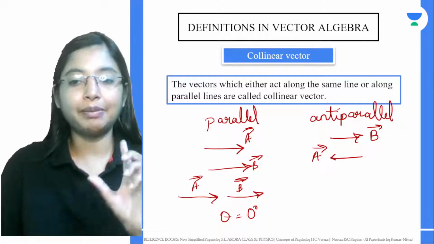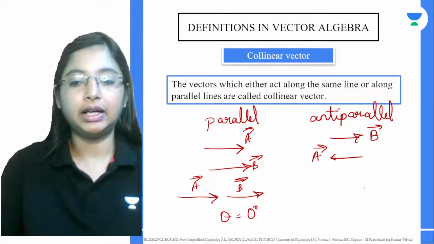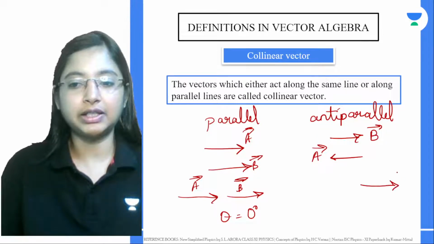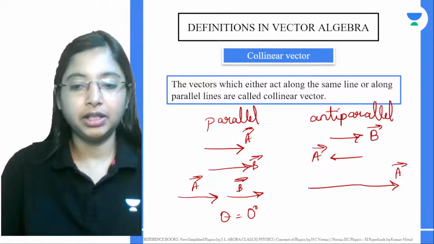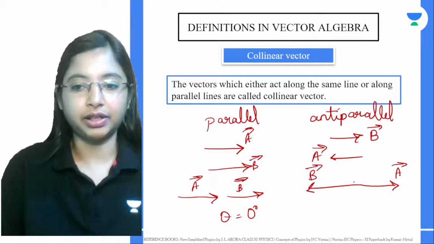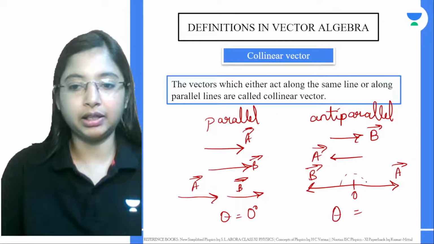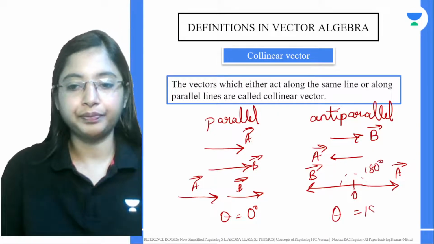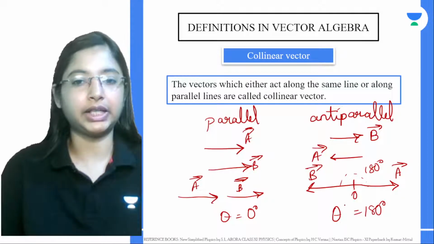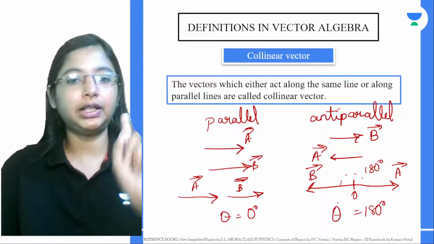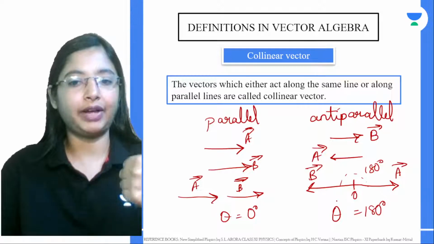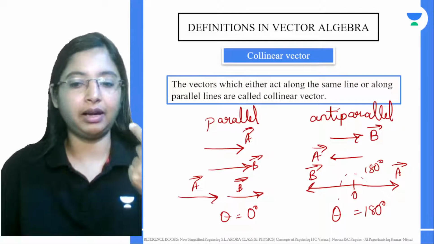So the magnitudes are the same, but the direction is different. With this being the common origin point, theta over here is around 180 degrees. So collinear vectors consist of 2 types: parallel or like vectors, and anti-parallel or unlike vectors.